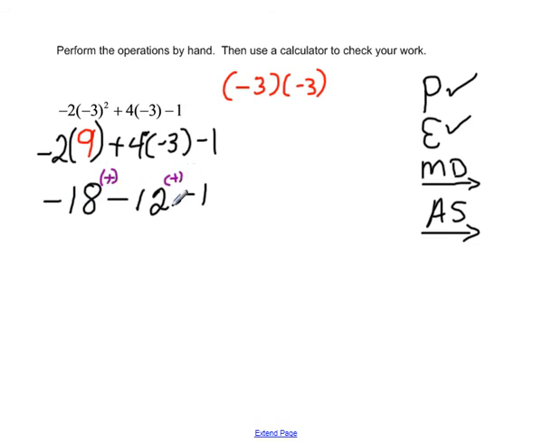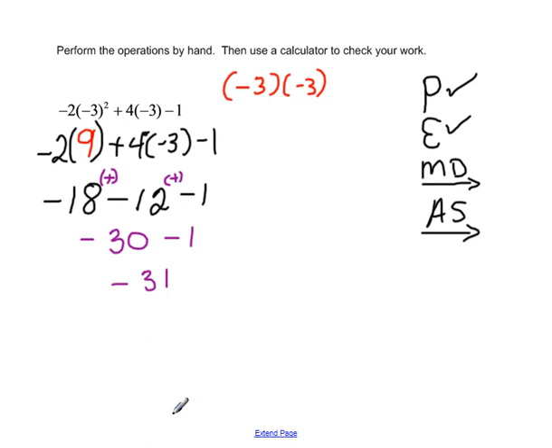And then when we write down this -1, that's the same thing as adding -1. And now when we go ahead and combine all of these, -18 plus a -12 is a -30. And then we still have that -1. -30 minus 1 is going to give me -31.